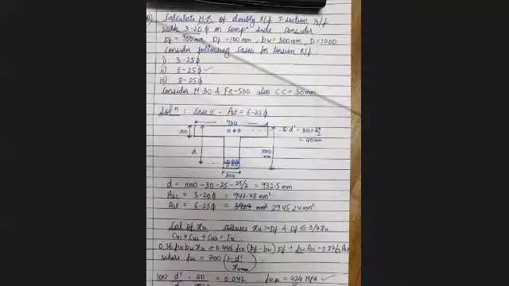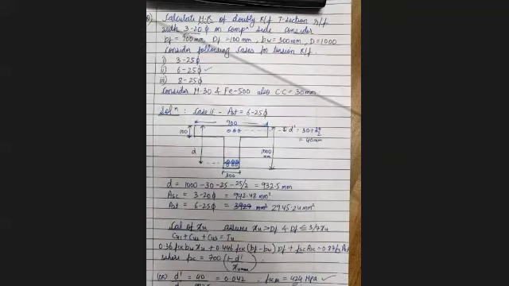Just check the assumptions we have made, whether it is correct or not. I don't think the assumption is correct. What can you conclude from this? Df is greater than xu. So xu is actually not greater than df; it is less than df.